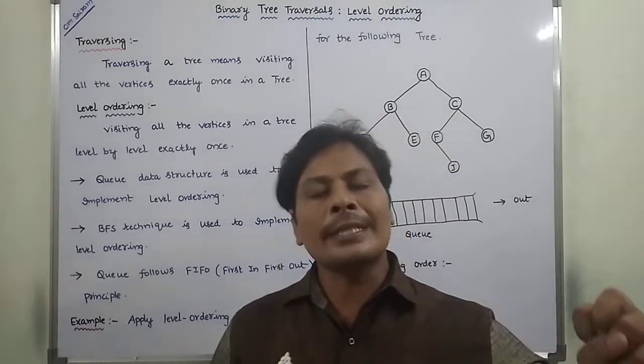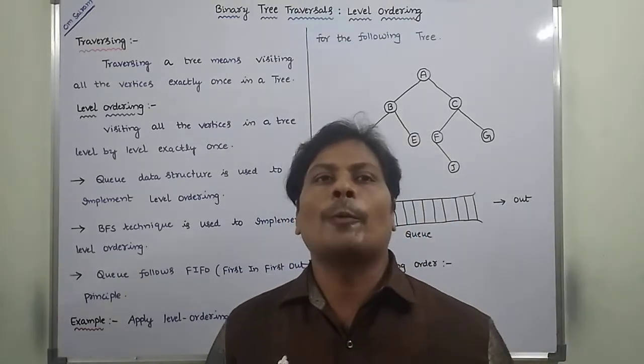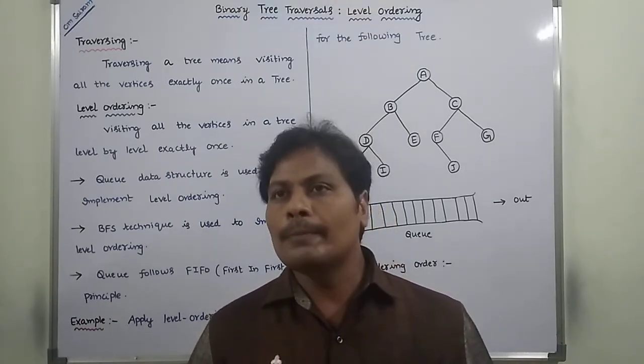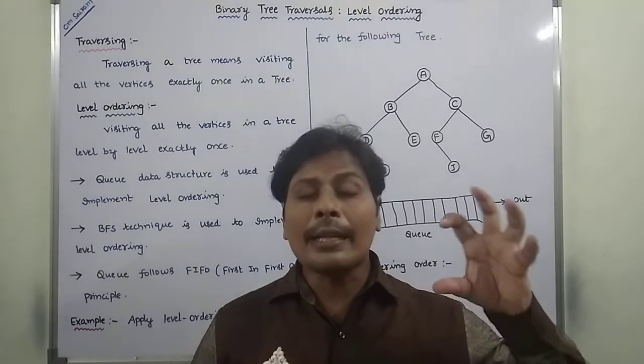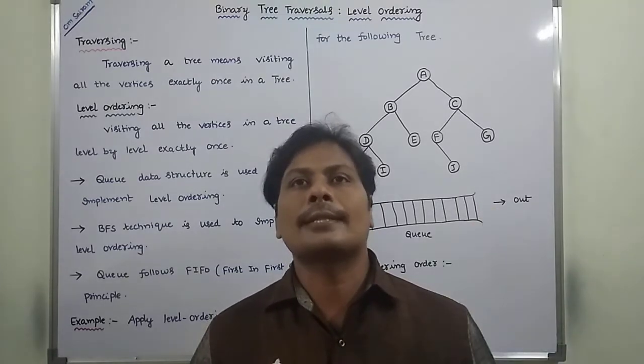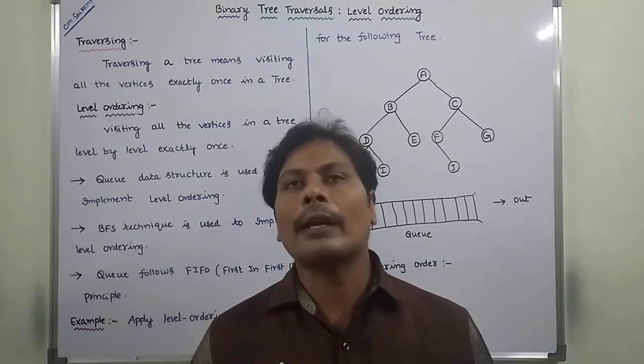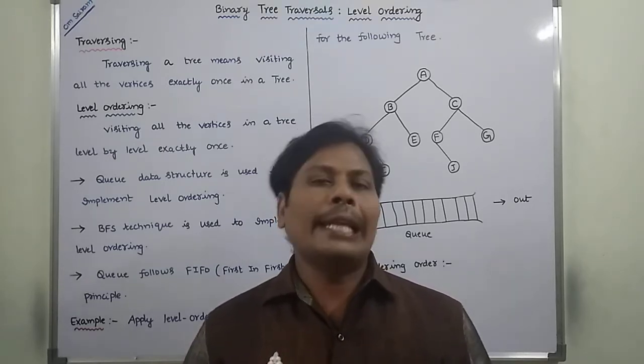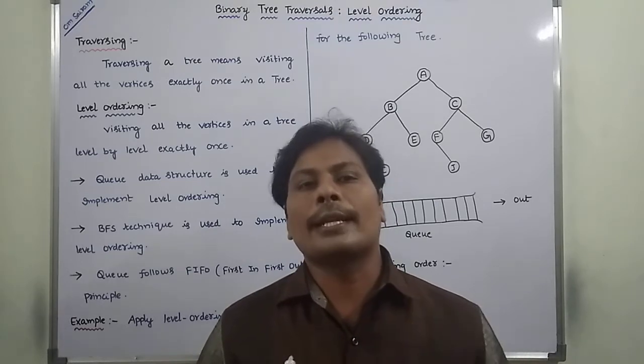By using these three notations, 6 combinations are possible: LRD, LDR, RLD, RDL, DLR and DRL. These are the 6 combinations.